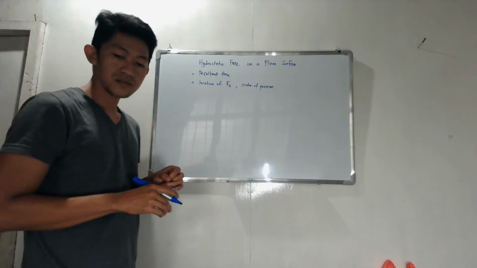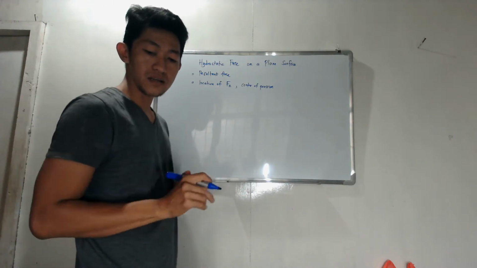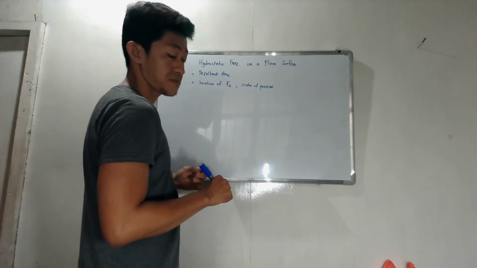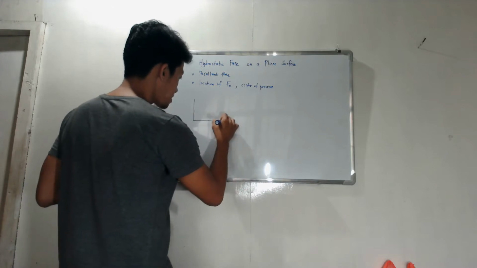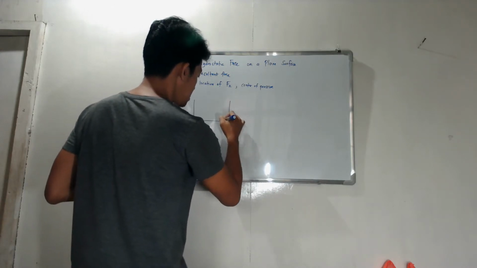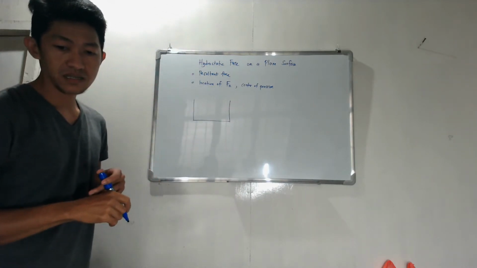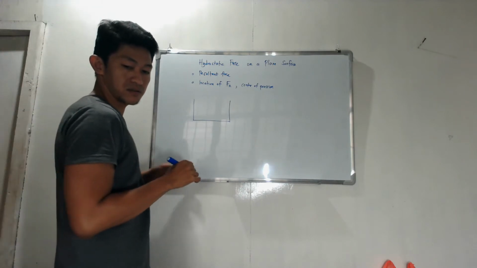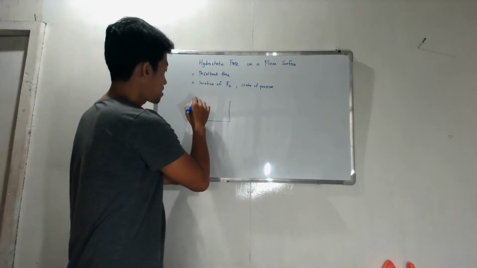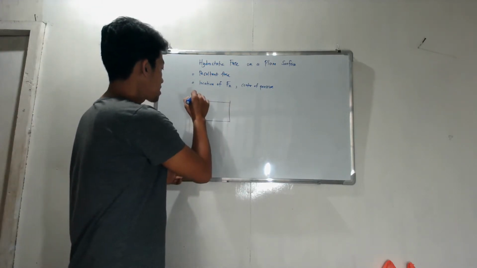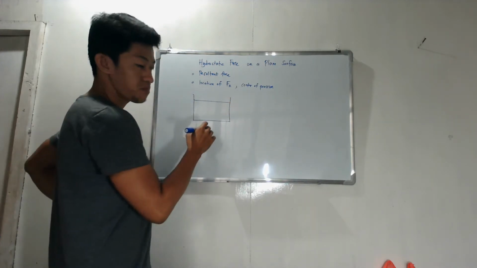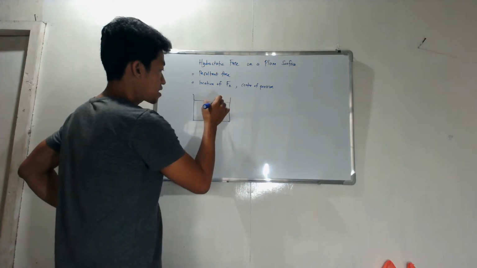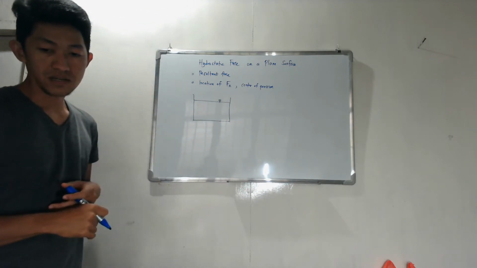Okay, so there are several configurations. First, you have a tank that is horizontal. Say for example, this is open to the atmosphere.